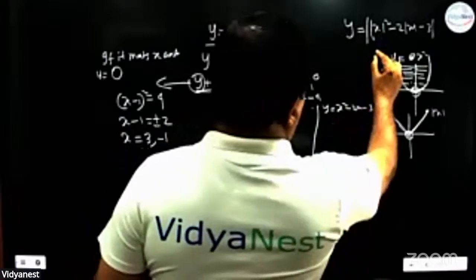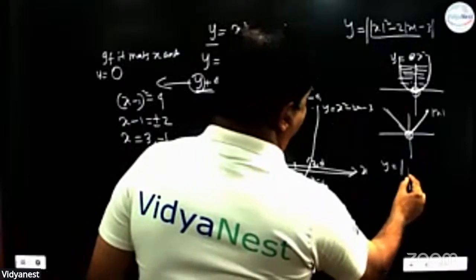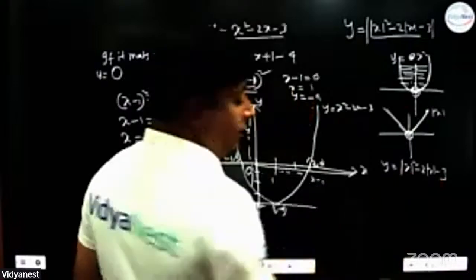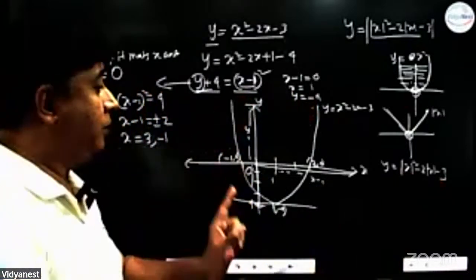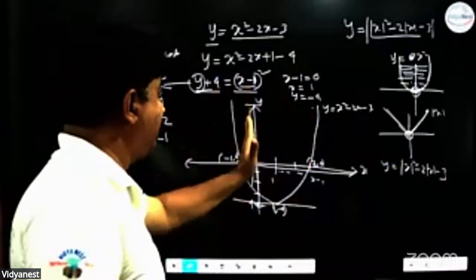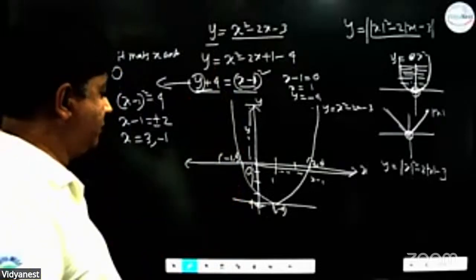Now, the first part I will draw: y is equal to mod x square minus 2 mod x minus 3. I have just told you, once you get mod x, it will have an image with respect to which axis? Y axis. Yes or no? Yes, sir.